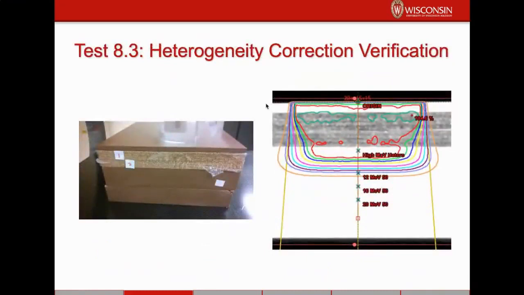Finally, we have test 8.3, which is the heterogeneity correction test for electrons. One thing that we did that wasn't in Medical Physics Practice Guideline 5 is the guideline calls for measuring the dose near the depth of maximum dose for an electron beam in the presence of a heterogeneity.